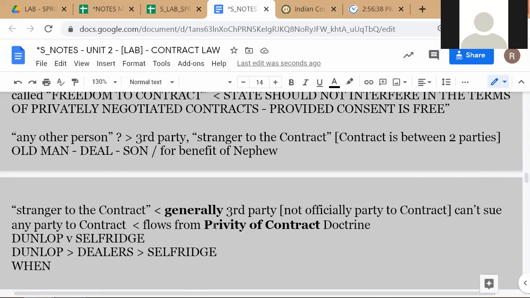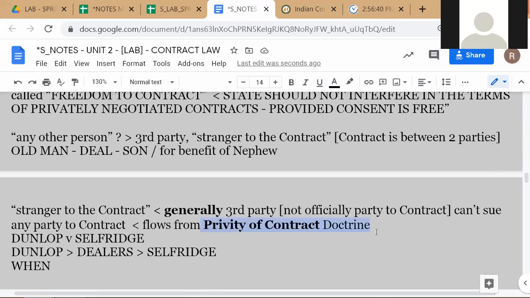Yeah, okay. So now here I'm not writing perfect English, it should be the privity of contract doctrine.